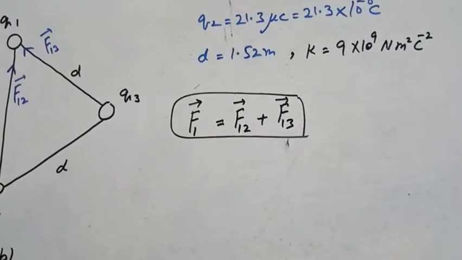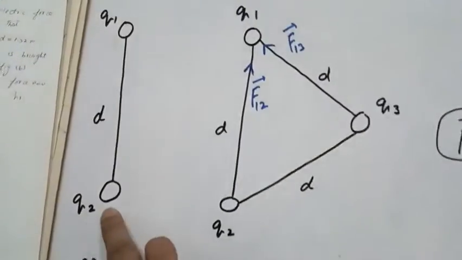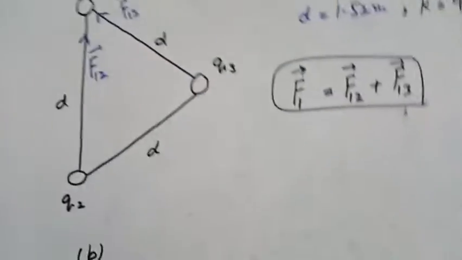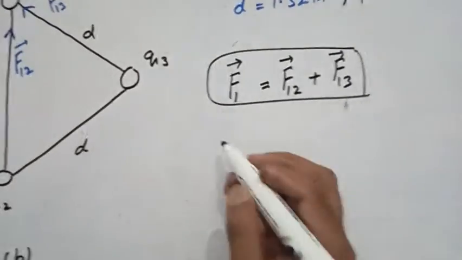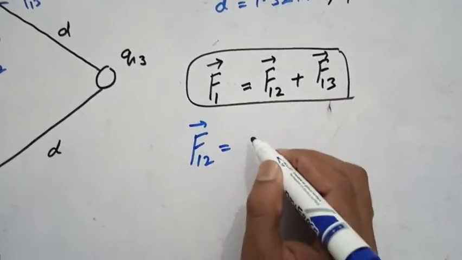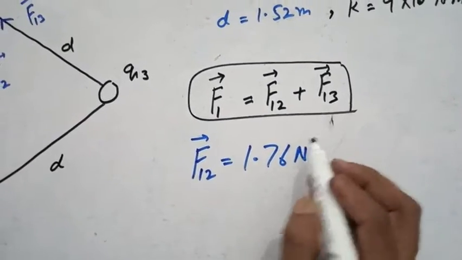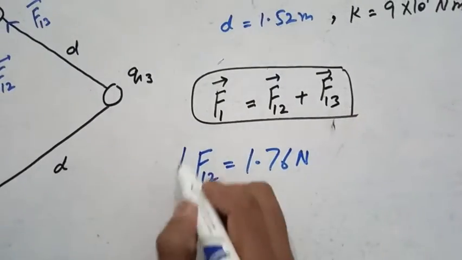In the first part, we have calculated the force exerted by charge q2 on charge q1, and the numerical value of that force was F12 is equal to 1.76 newtons.